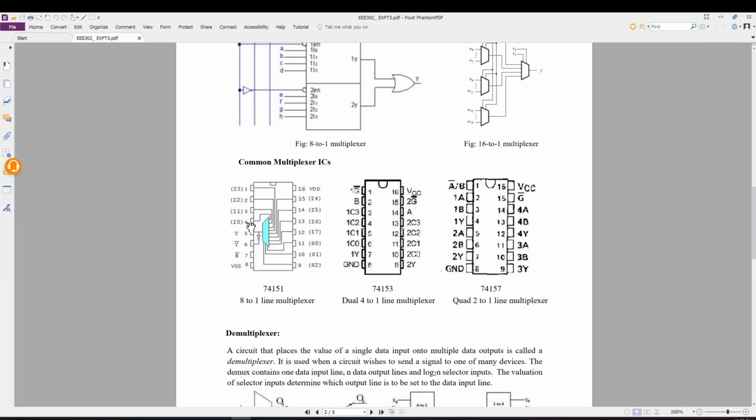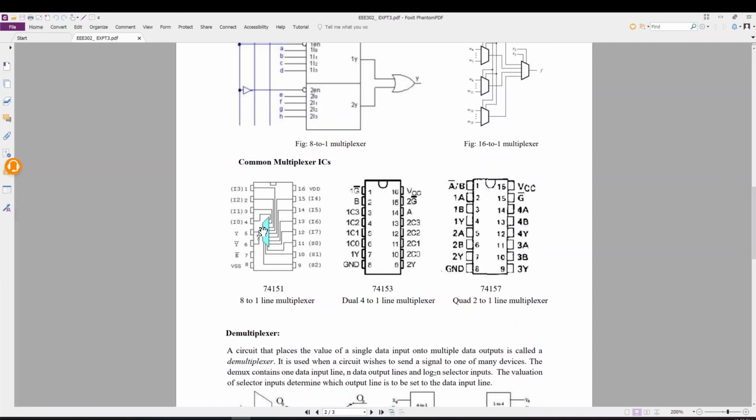Inputs are denoted I0 to I7, and as it has 8 input lines, we need at least 3 selector pins. These are the selector pins, S0, S1 and S2, and Y is the output line and Y bar is the inverse of the output line.